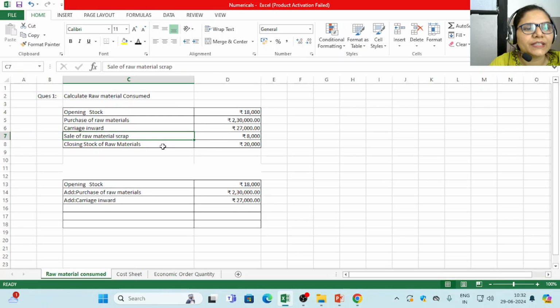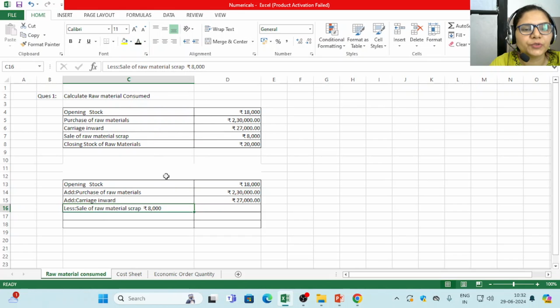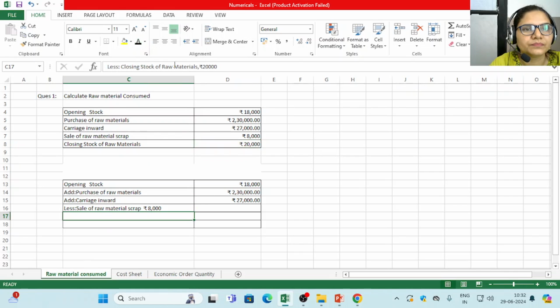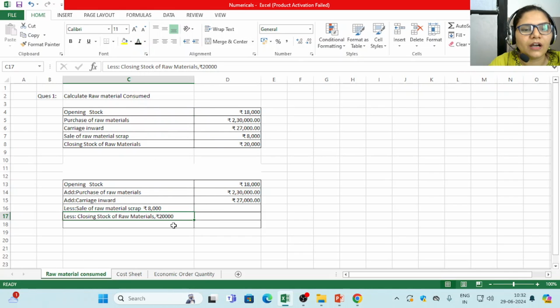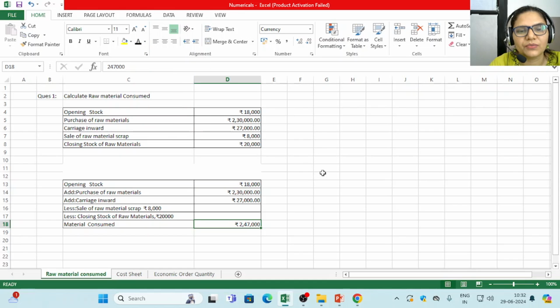Then we will deduct sale of raw material scrap from the value, which is rupees 8,000. Again, we will deduct closing stock of raw material of value rupees 20,000. After doing adjustments, we will get the final value raw material consumed, that is rupees 2,47,000.